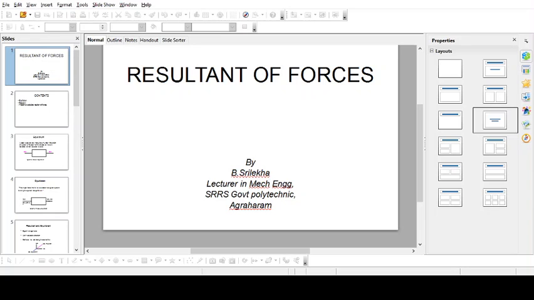That is F1 sin theta 1 plus F2 sin theta 2 plus F3 sin theta 3 and so on should be equal to 0. Thereafter, we used the formula R equals under root of summation of horizontal components square plus summation of vertical components square.